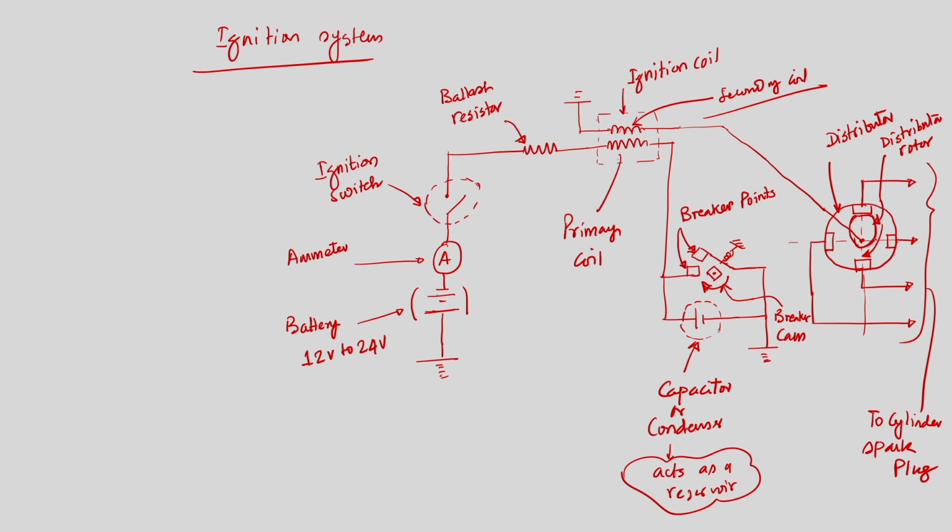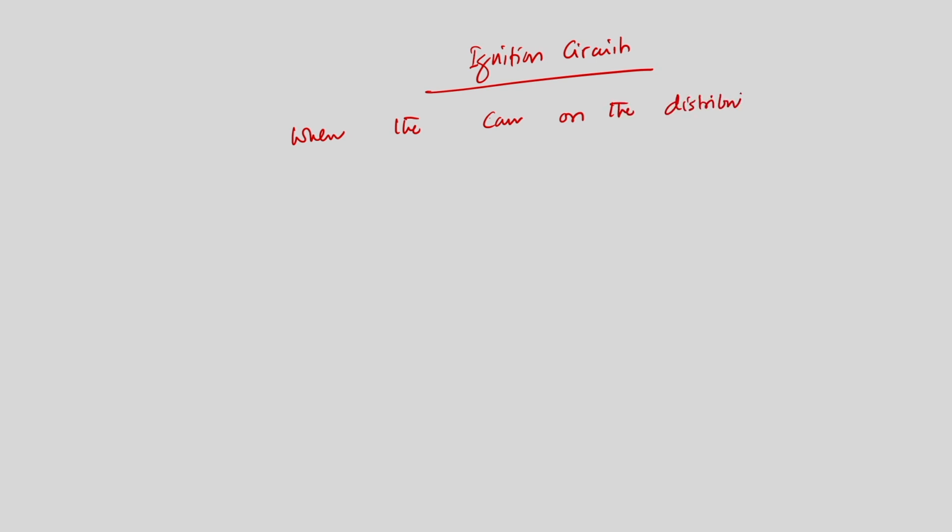So, I am writing here, the ignition system, ignition circuit: when the cam on the distributor shaft or distributor rotor opens the contact point.